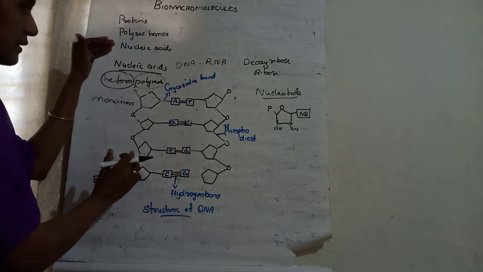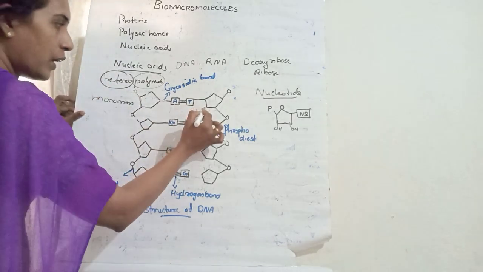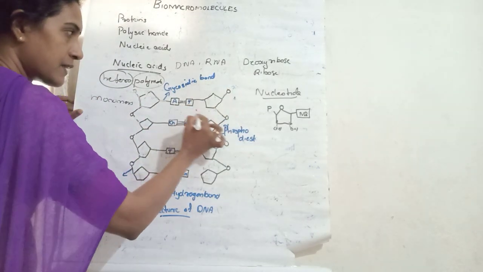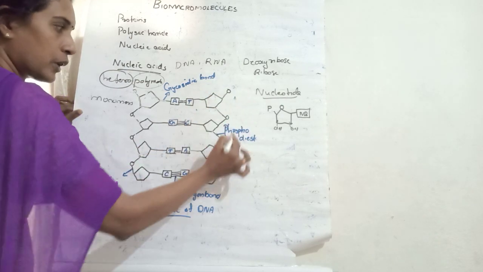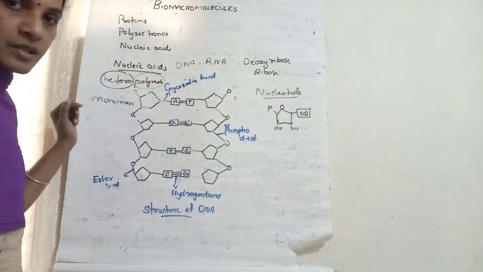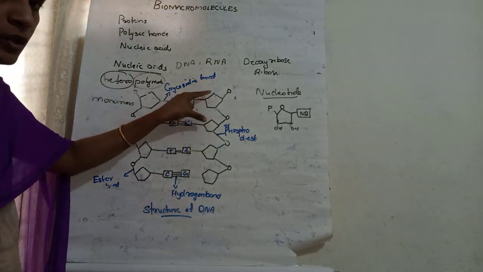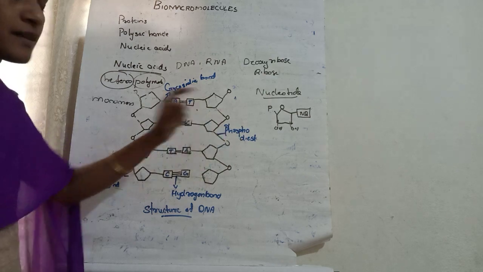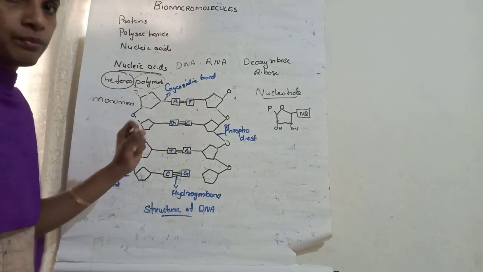I told you the building block of nucleic acid is one nucleotide, and it is linked to another nucleotide by an ester bond. Both nucleotides are connected by the bond known as the ester bond. Which bond? Ester bond.